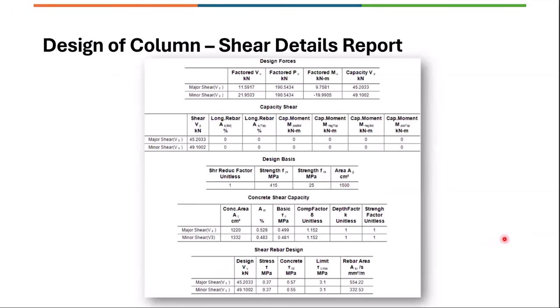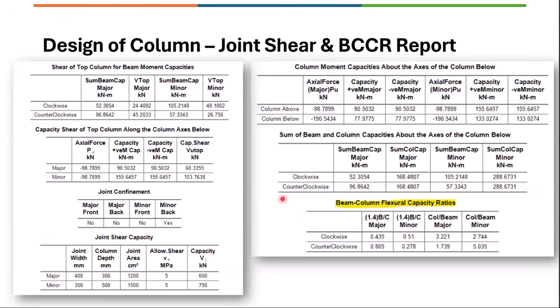So the shear design, I had already discussed. The joint shear and beam column capacity ratios have separate outputs within the details. You can see the capacity is worked out, and then the beam column capacity ratios.